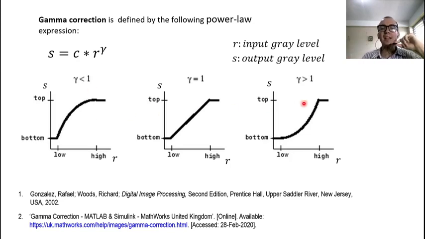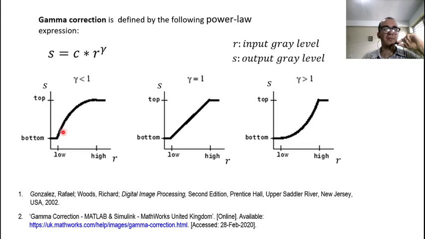The following three graphs were taken from a MathWorks article, in which we can notice the effect when gamma is less than 1, when gamma is equal to 1, and when gamma is greater than 1. When gamma is less than 1, the curve has this shape.